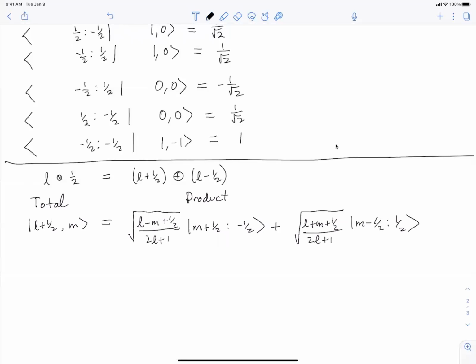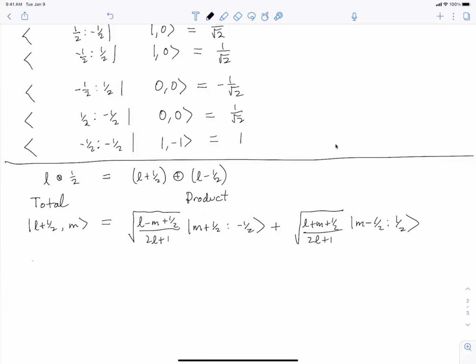Okay, so in both cases, notice the total z component of the total angular momentum is m, because here we have m plus 1/2 and minus 1/2, and here we have m minus 1/2 and 1/2, and that adds up to m in both cases.